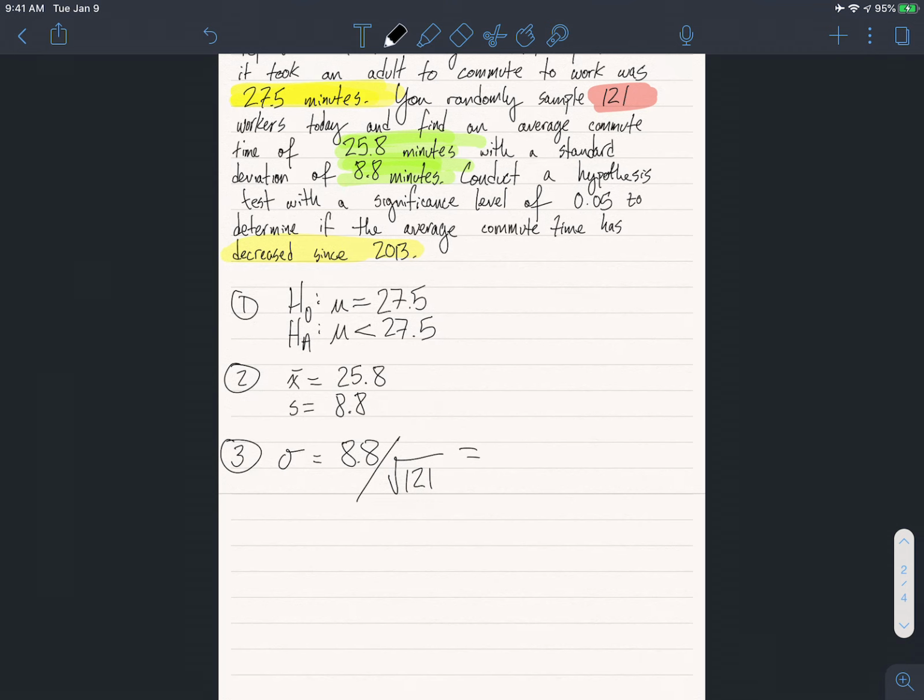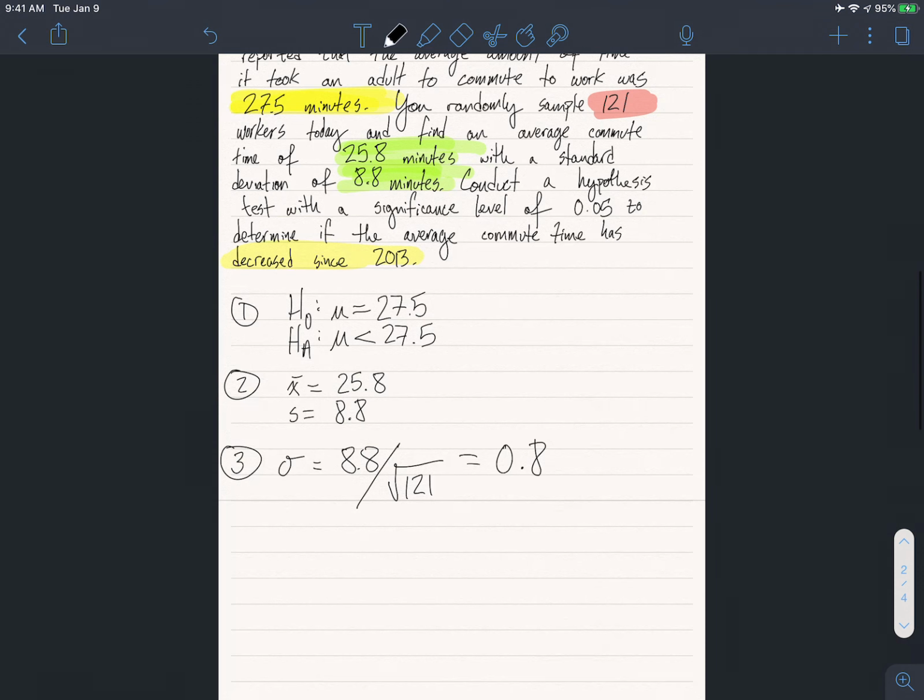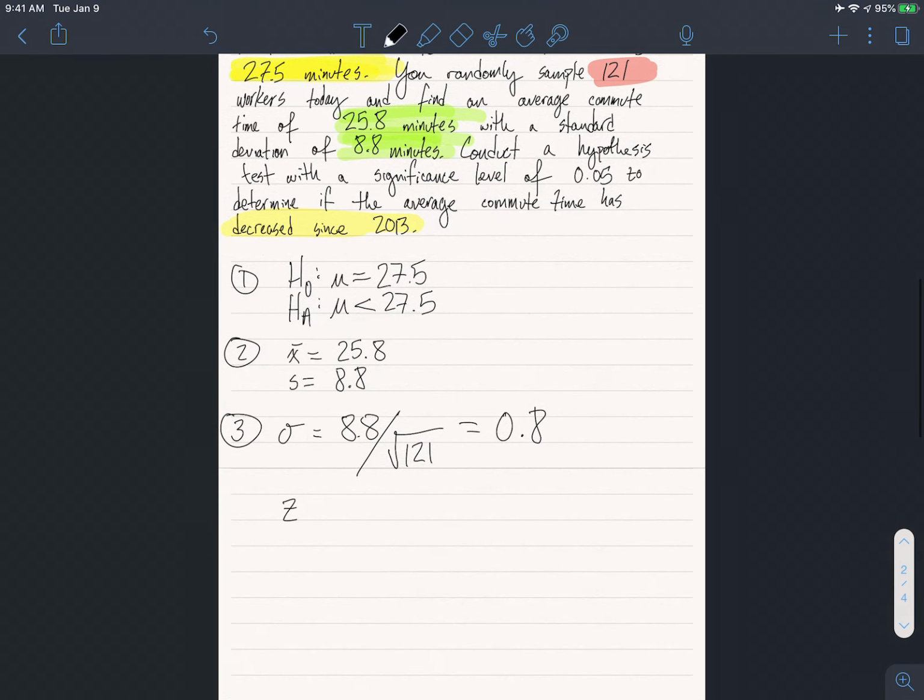So we take 8.8 divided by the square root of 121, and that works out to be 0.8 exactly, actually. No rounding needed. So our standard deviation has been adjusted, and now we need to find our z-score.